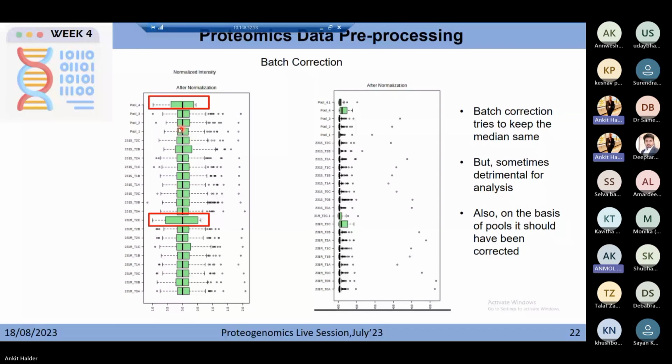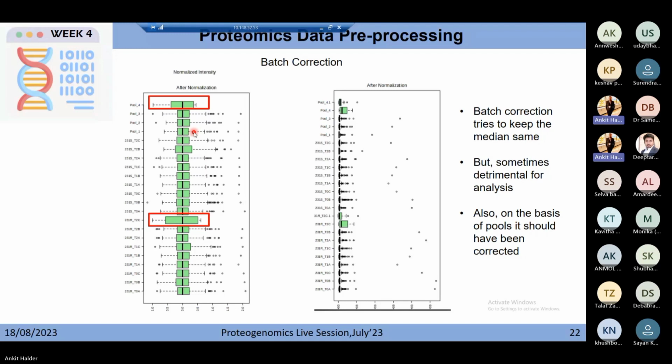So now what can be done? Batch correction will try to bring your medians to the same. After batch correction, you can see that your medians are the same, but this is because of normalization.